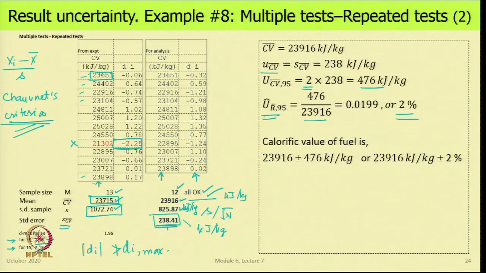So, our report is: calorific value is this much plus minus this much at 95% confidence level, or this much plus minus 2% at 95% confidence level. That is the simple way by which we can get the result uncertainty from multiple tests and repeated tests.